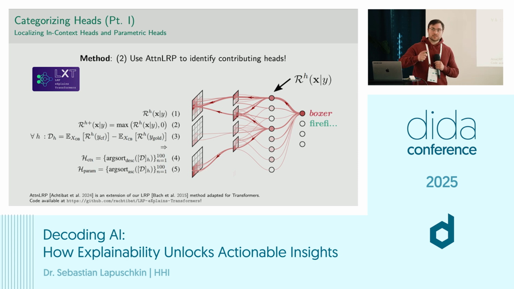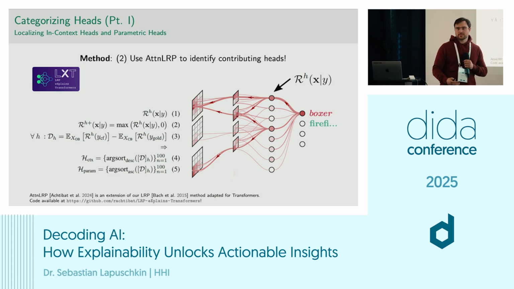And what this method does, in a very brief nutshell, is if the model predicts something by propagating information and computing stuff through the layers, in the end it decides to either predict the token boxer or firefighter. And depending on what it predicts, we, so to speak, move back through the model and reverse engineer what it actually did internally, right? We find this way the internal parts of the neural network which helped for the prediction boxer or worked against or voted against the prediction of boxer.